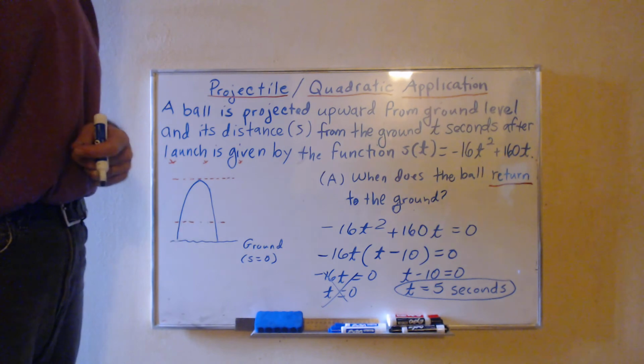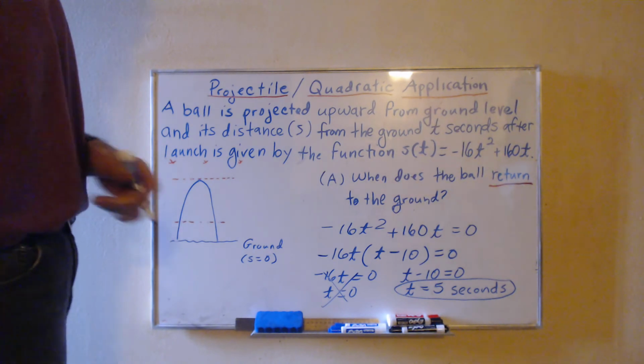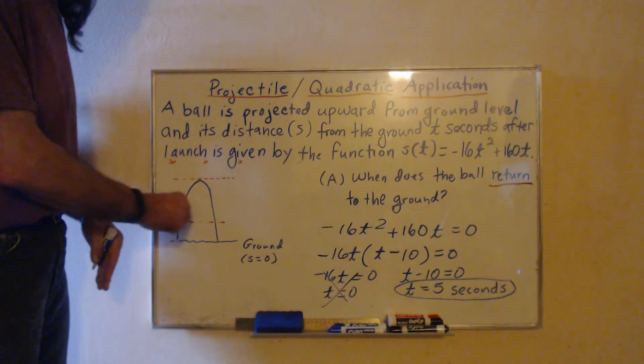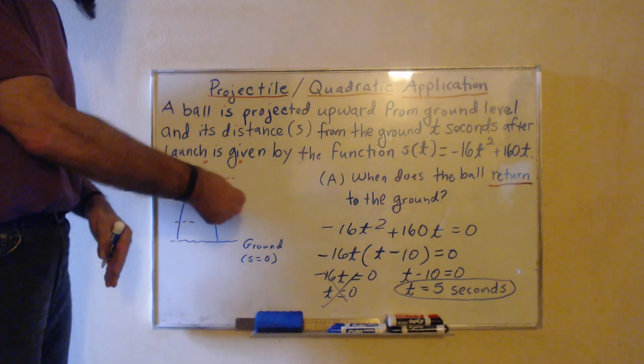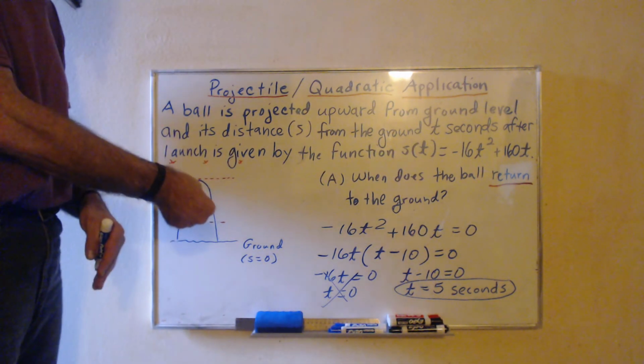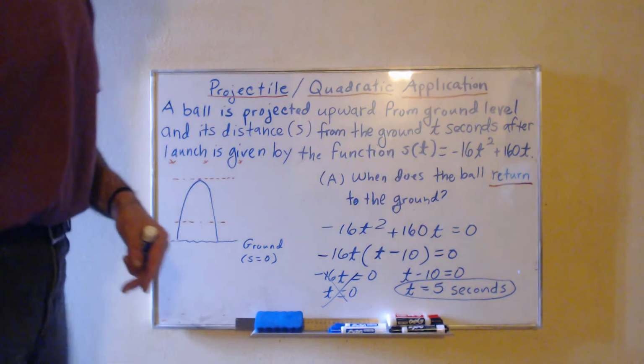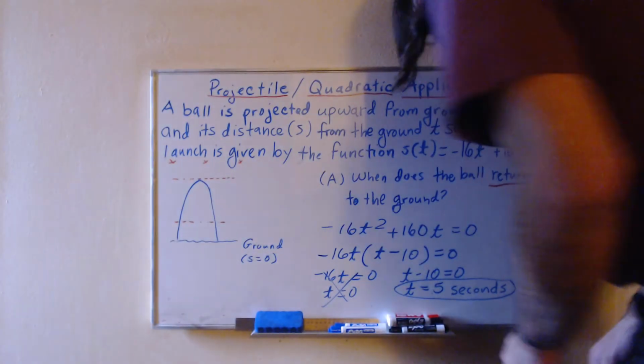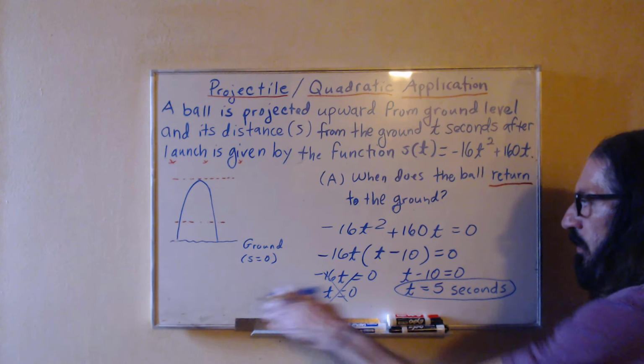So what about the second part, where we want to know at what times, if it happens to be the maximum height, to get to that height of 400? So let me leave that there a moment.